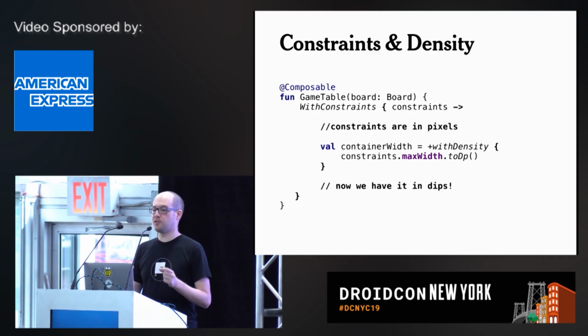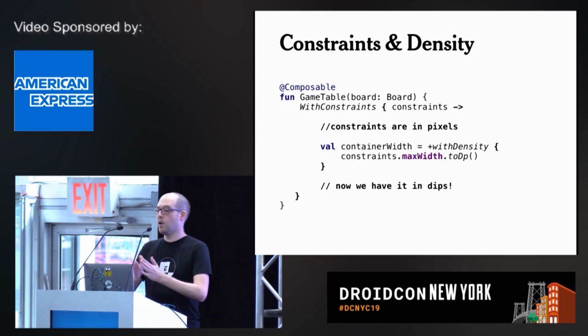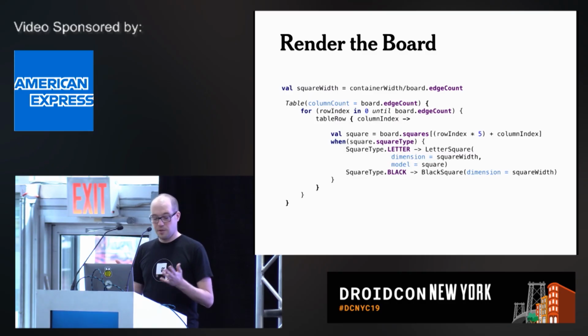And then this gives me the constraints that your view is subject to and how you can draw within it. I need this in dips to work forward. So again, we're going to use that width density trick to get the pixels from the constraints into dips. I'm going to say, what is the maximum width that this container can take, and apply that to dips. And so then if I divide that by 5, or in our case, the edge count, I get how wide a given square can be.